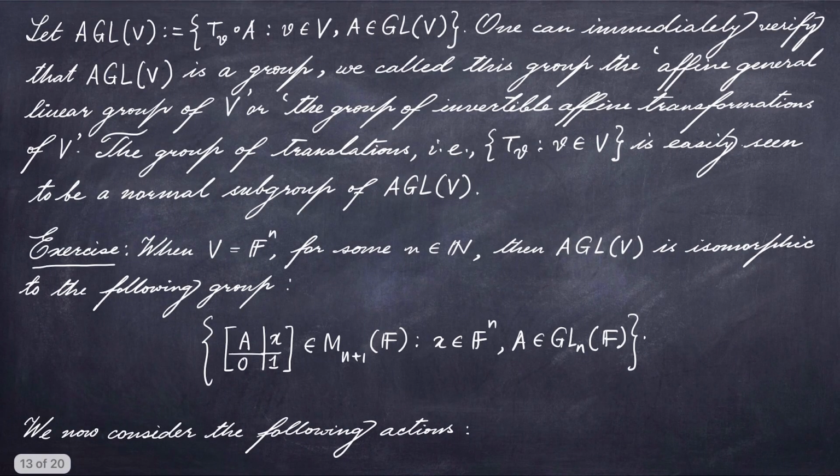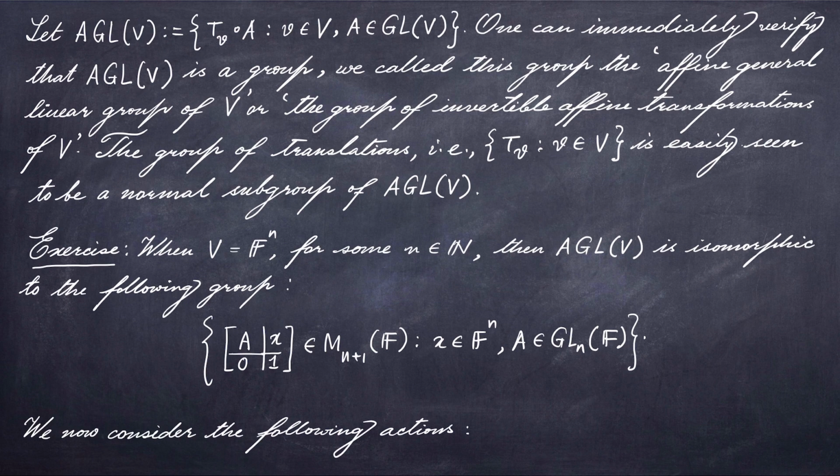The inverse of T_v is T_{-v}. Now we consider the following collection of all maps of this form: an invertible linear map followed by a translation. It's easy to see that this collection is indeed a subgroup. We call this the affine general linear group of V.